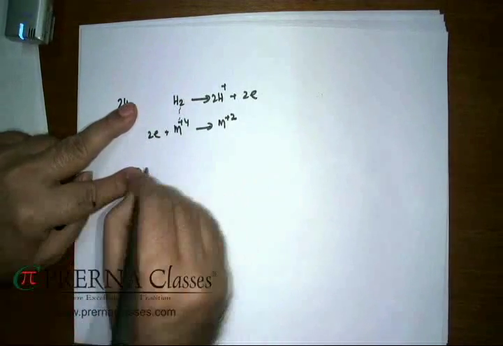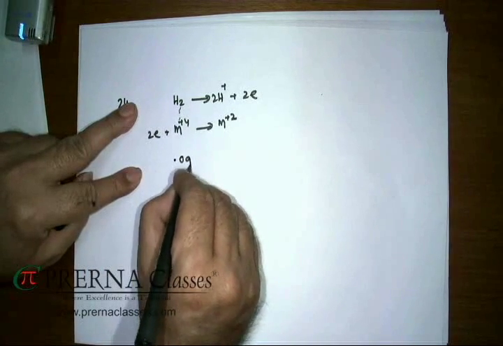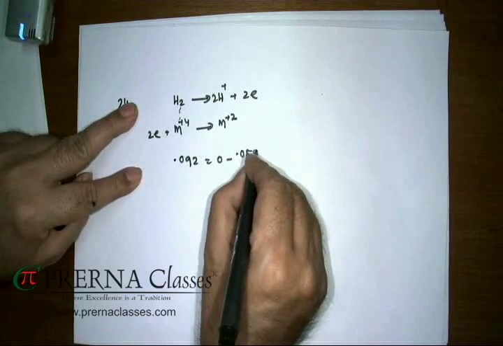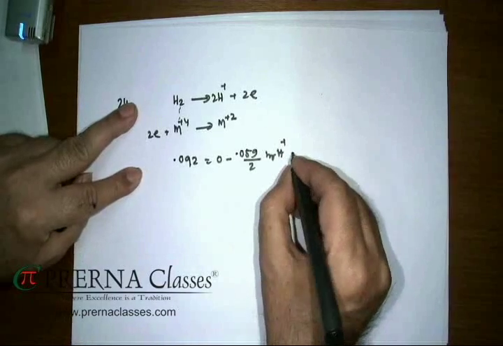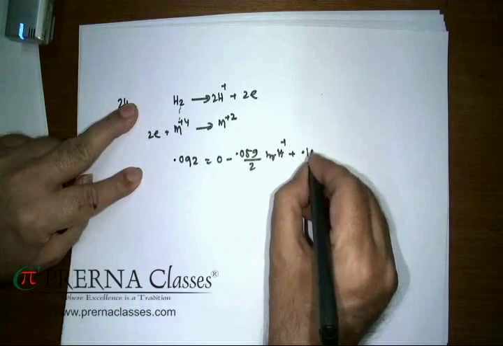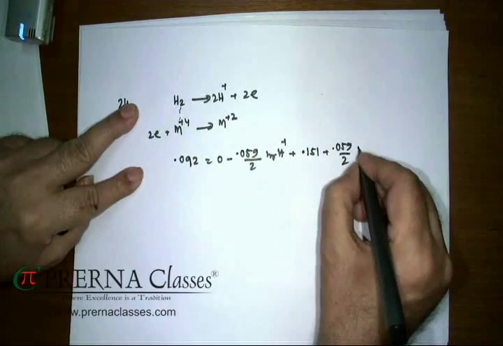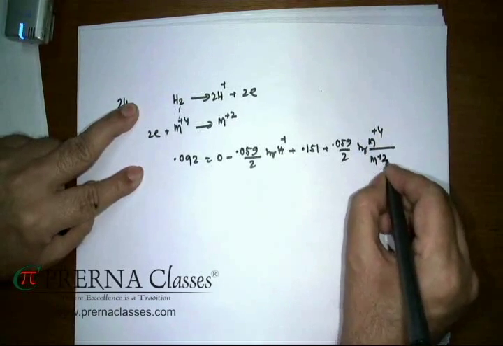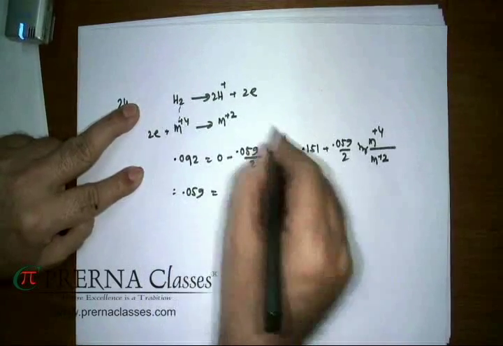So EMF of the cell according to the question is 0.092. That is equal to 0 minus 0.059 by 2 log of H plus square. I am simply applying Nernst equation, plus reduction potential of this is given 0.151 plus 0.059 by 2 log of M plus 4 by M plus 2. Now this has become 0.